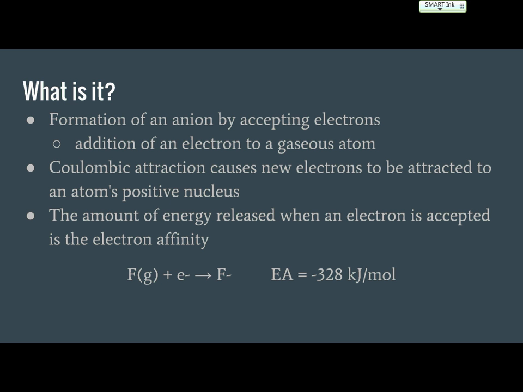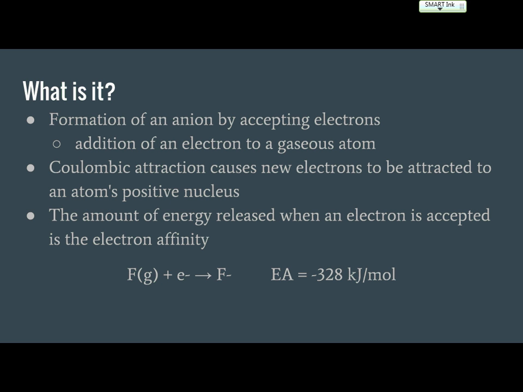What is it? Formation of an anion by accepting an electron. When an electron is added to a gaseous atom, Coulomb's attraction causes the new electron to be attracted to the atom's positive nucleus. The amount of energy released when an electron is accepted is the electron affinity.